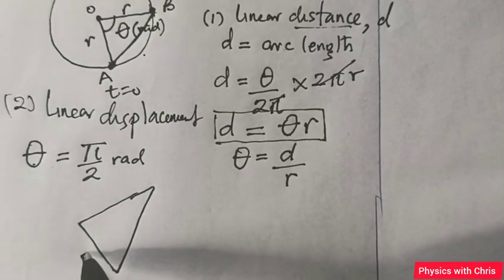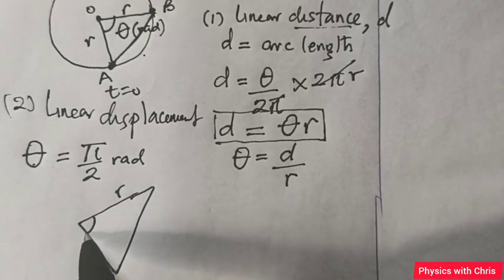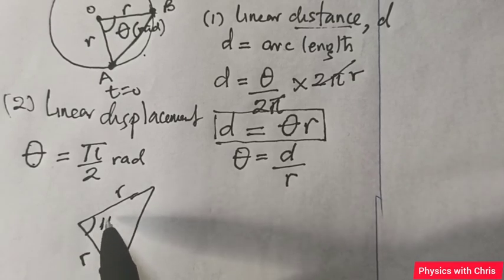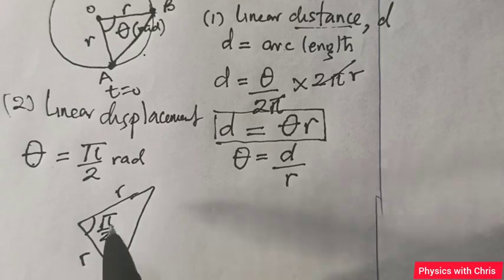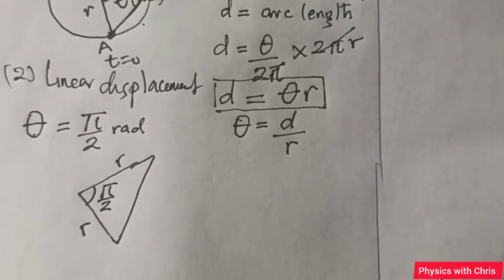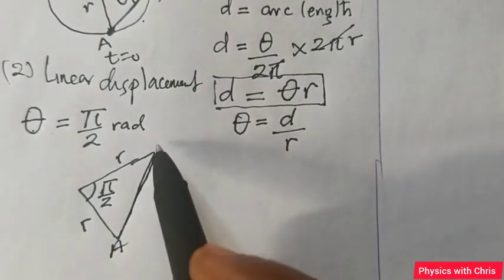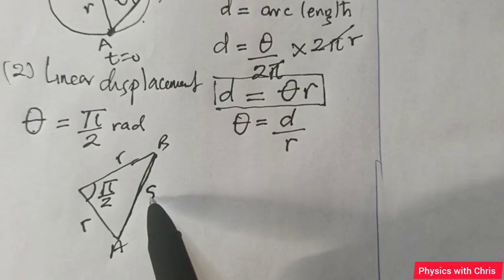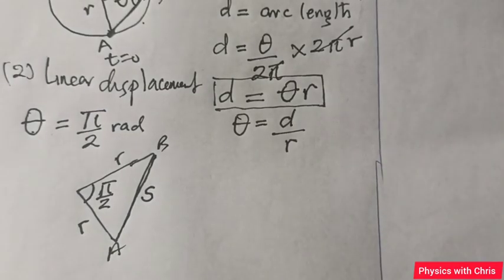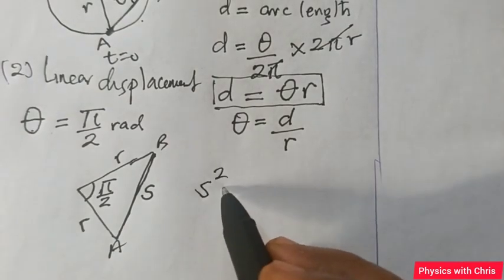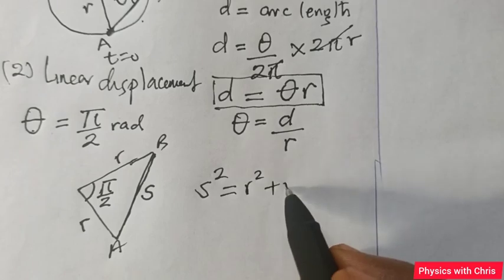I have this is my radius, this and that radius. This angle here is now theta, pi over 2, which is 90 degrees. This makes a right angle triangle. And by Pythagoras theorem, this is my AB, and the length of the line represents my linear displacement. So by Pythagoras, I have x squared is equal to r squared plus r squared.